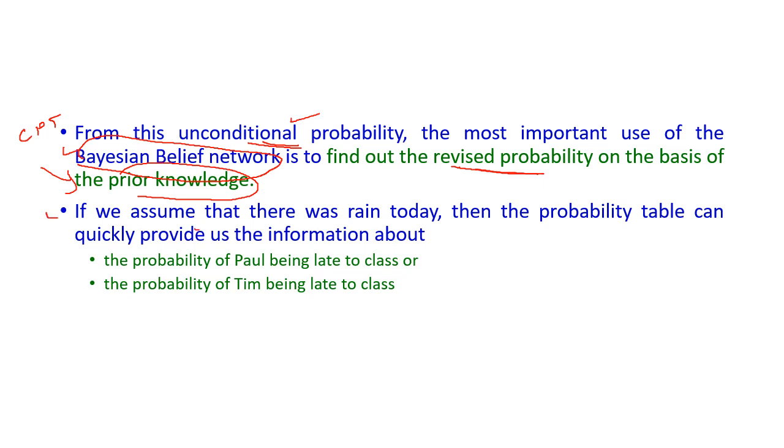If we assume that there was rain today, then the conditional probability table can quickly provide the probability of Paul being late to class and the probability of Tim being late to class. If today is rain, what is the probability of Paul being late and Tim being late today?